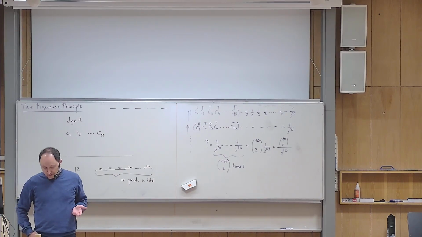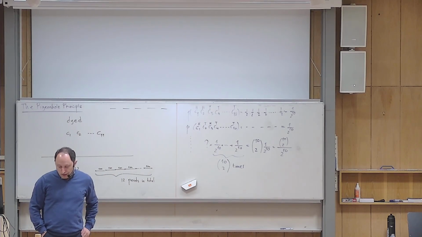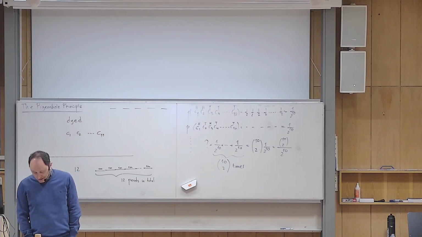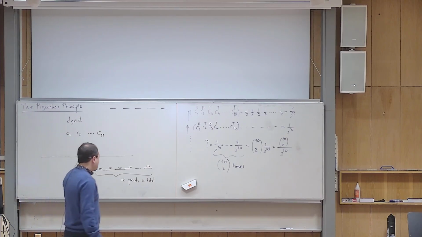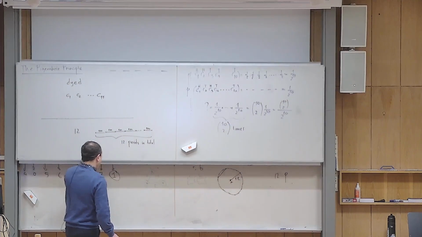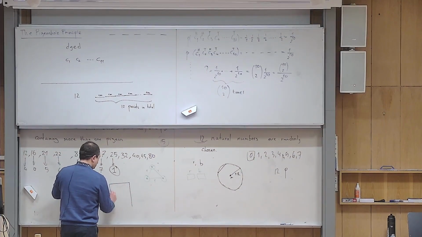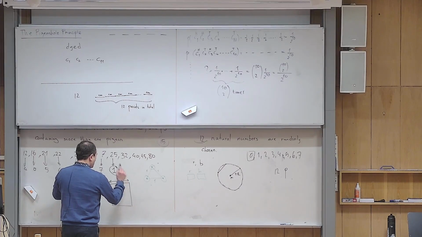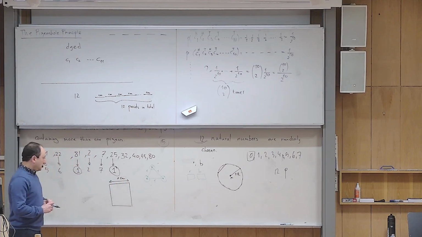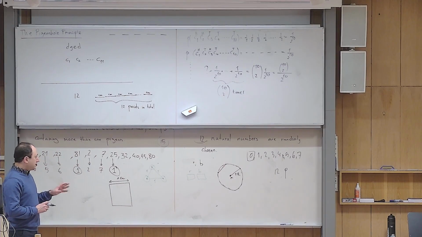So let me solve one problem and we are done. We have a square of side 2 centimeters. So this is a square, and this is 2 centimeters. We pick 5 random points from the interior of this square.